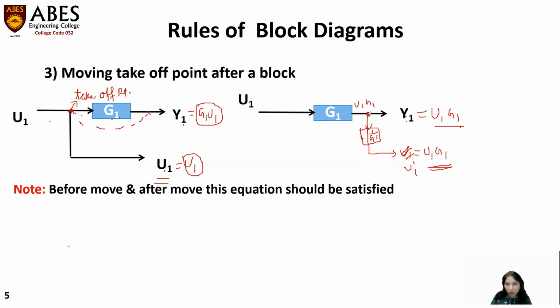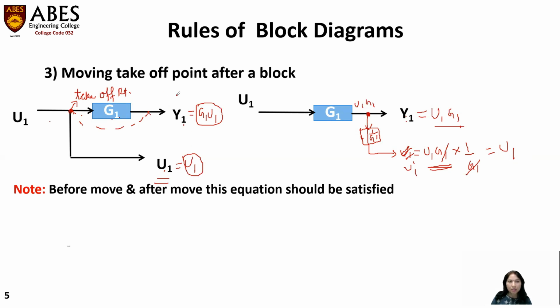Then this signal goes here, u1 into g1 multiplied by 1 upon g1. So this g1 will cancel out and you will get this signal as u1, right? So in this way, we can move this takeoff point after the block.